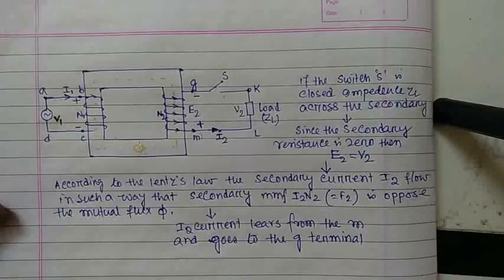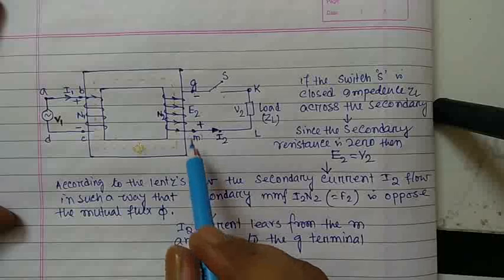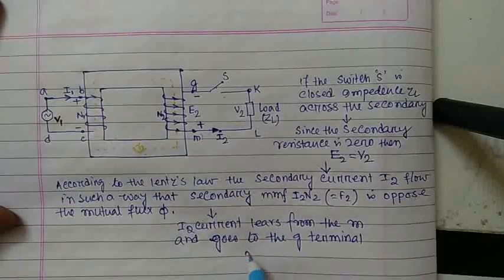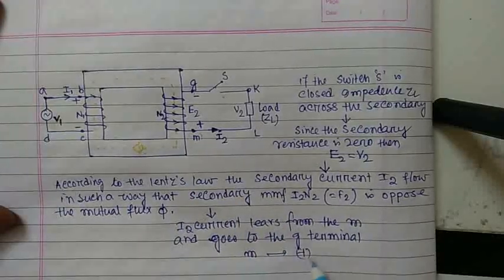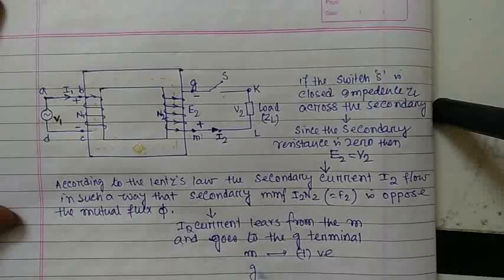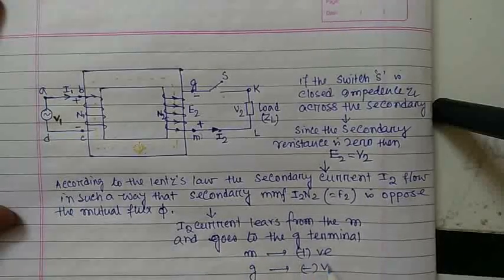So that's why the M terminal is positive and the G terminal is negative.